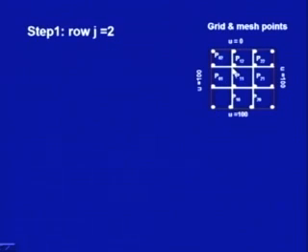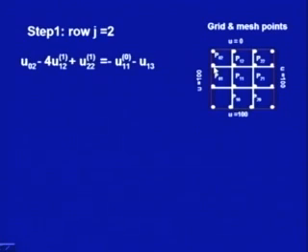Now move to the second row. Second row means the points I would have are u12 and u22. So, first for u12 we are moving in the row manner. For j is equal to 2 and i is equal to 1 we get u02 minus 4 u12 plus u22 is equal to minus u11 minus u13.